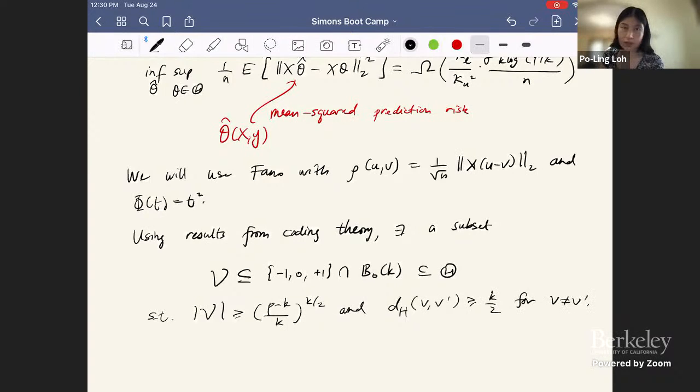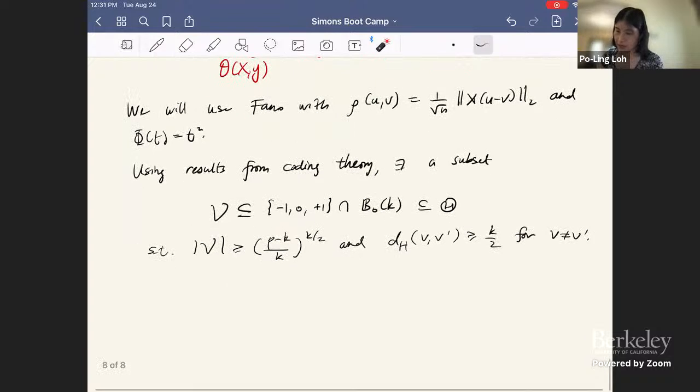Okay, so what I'm going to do is I need to create this 2 delta separated set, right? And just as in the mean estimation case, I can create some arbitrary set and then rescale it by a factor that involves delta to make it 2 delta separated. So this result from coding theory says that if I just use binary values, or really ternary, -1, 0, and 1, and I'm only allowed to have sparse codes that have K nonzero values, then I can find a well-separated subset of codes.